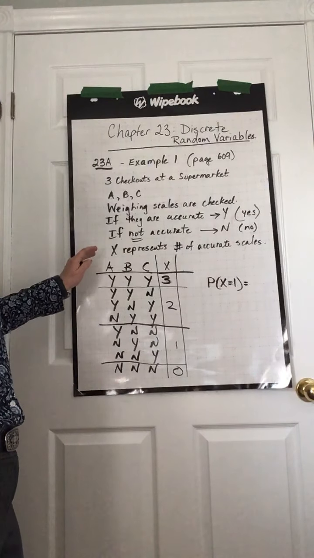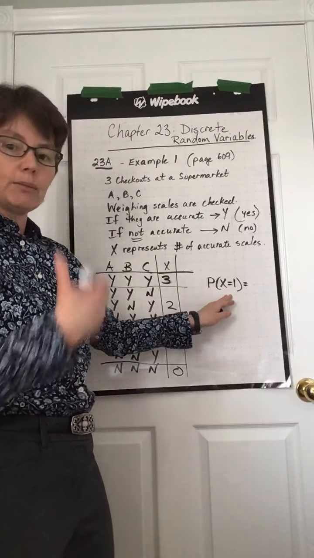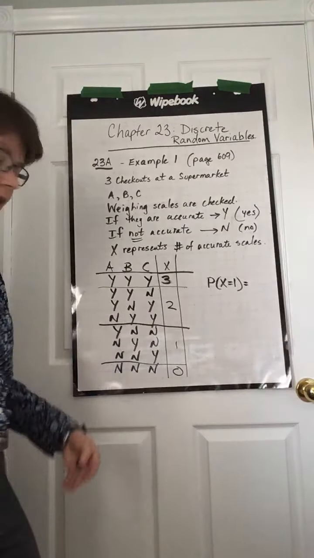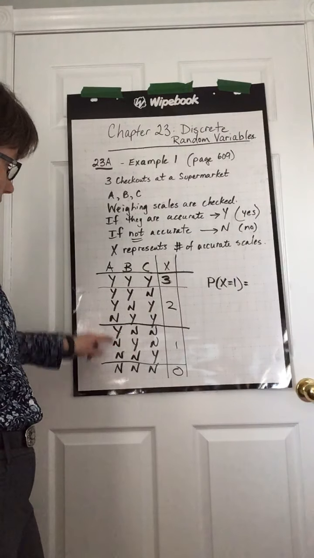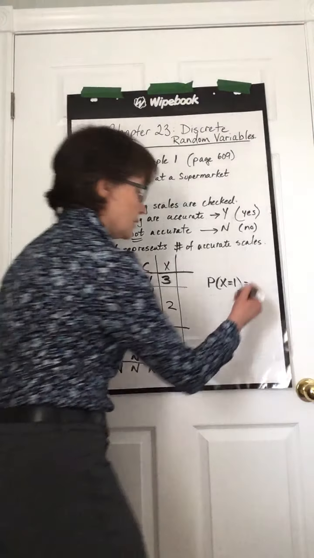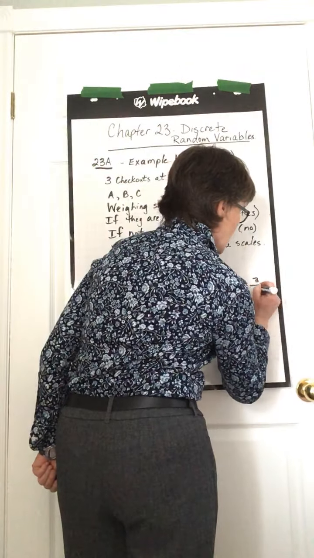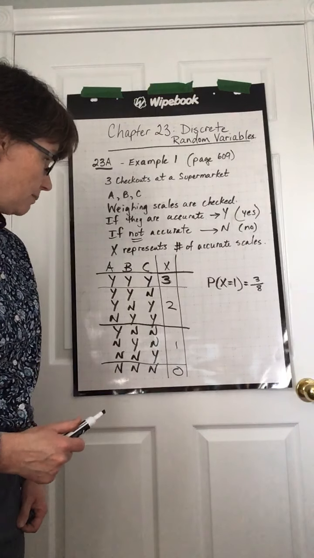This question is only talking about the notation, but I'm going to take it one step further and say, what is that probability? So that probability is 3 out of 1, 2, 3, 4, 5, 6, 7, 8 possible outcomes. So 3 out of 8, 3 ways for that to happen out of 8 possible outcomes.